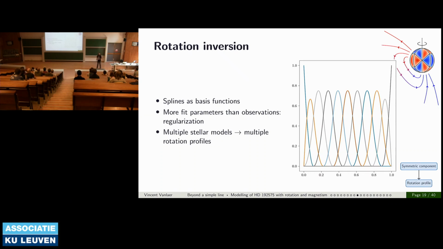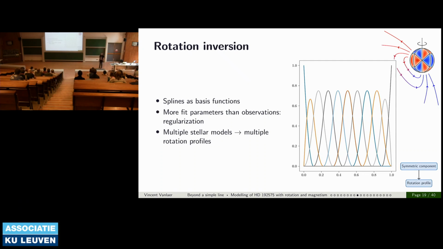Therefore, we will be regularizing these profiles. We're going to say, OK, I will penalize my rotation profile by how much it varies. So a strongly varying profile will be considered less good than a straighter, smoother profile. Again, we have multiple stellar models.